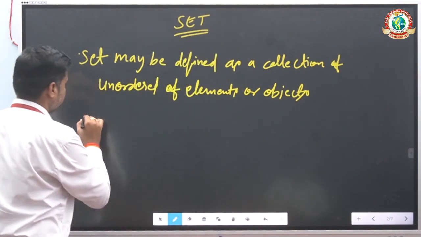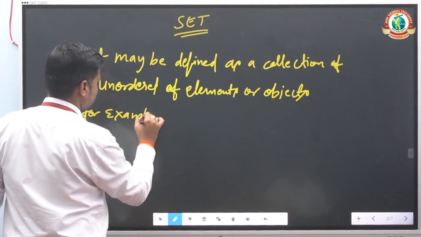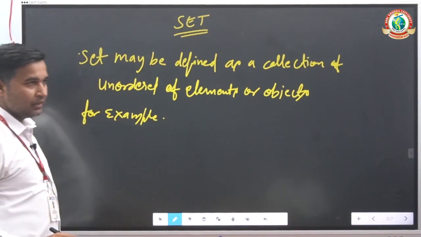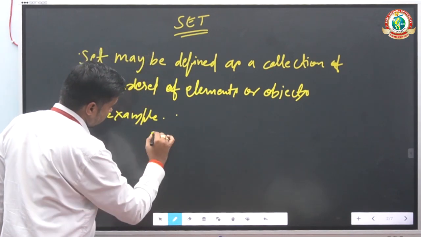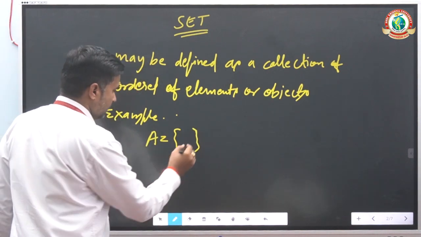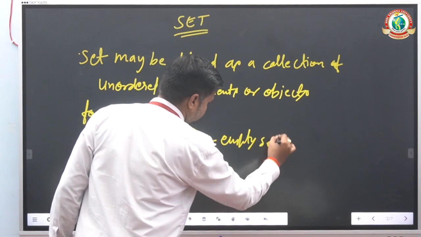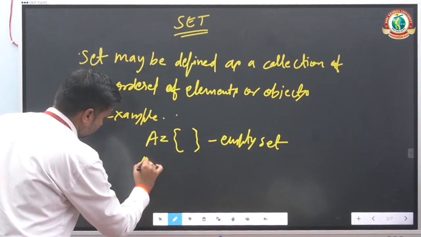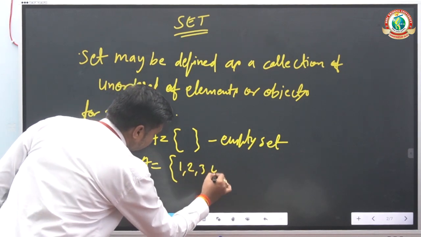For example, we will take a set A and it is represented in curly braces. So this is an empty set, and again in this set there are some elements.